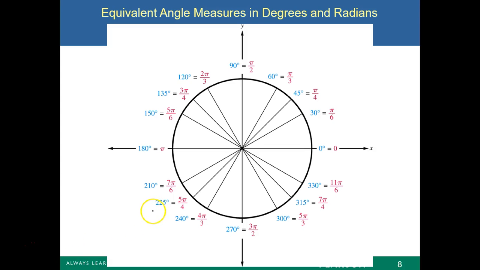Now this is going to be very useful on your exams and quizzes. I will let you use this unit circle to help you in figuring out values for your trigonometric function values.